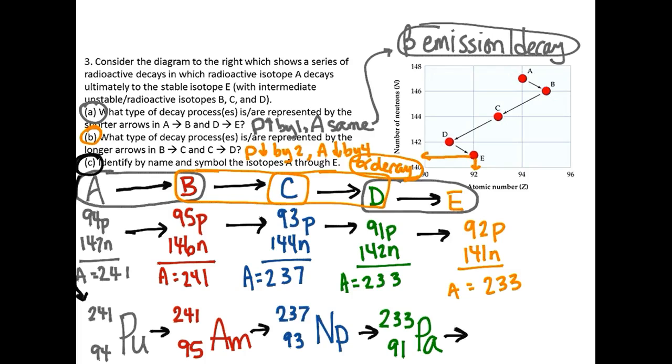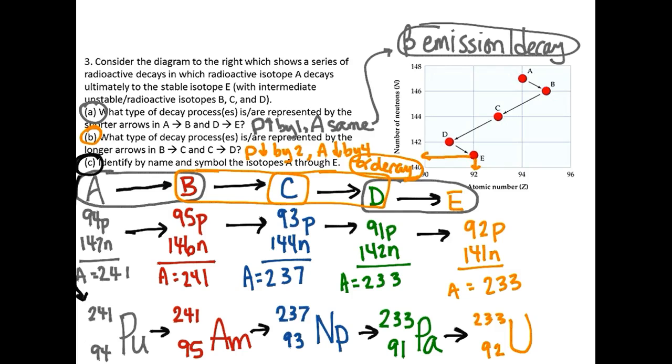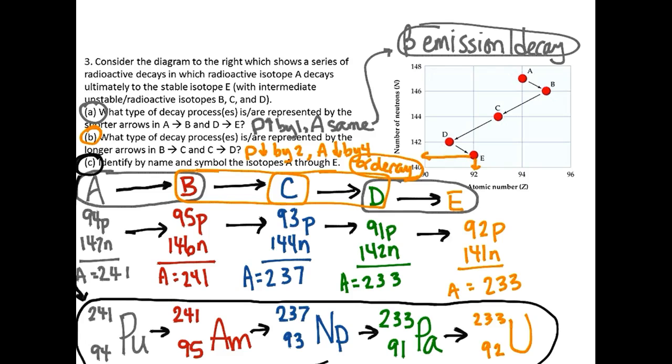That's, what is that, Pa? I don't even remember what that one is. E is 233, element 92, I know this one. This one's uranium. It's one of the only ones I remember from the actinide series. And so this is the final answer for isotopes A through E. Okay, so let me know if you have any questions about that.